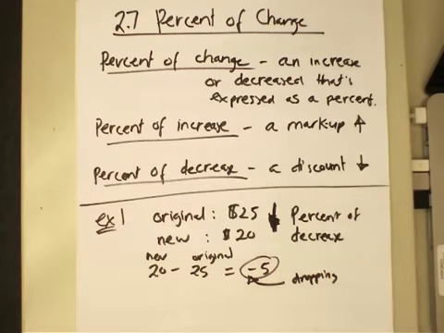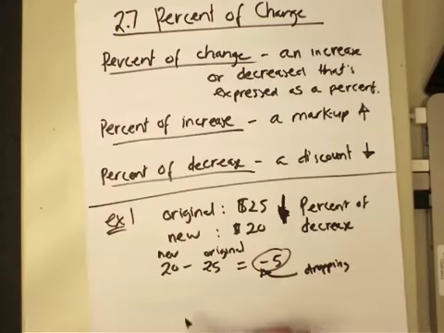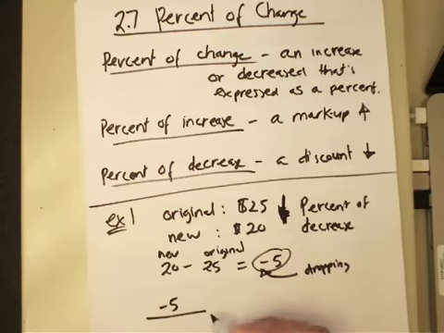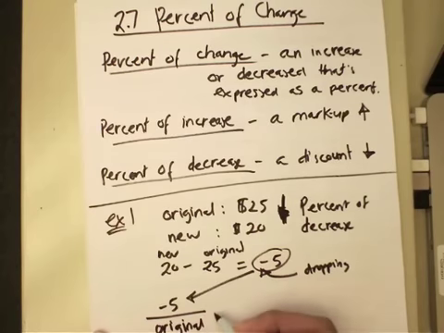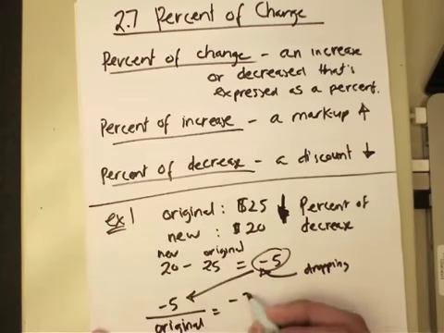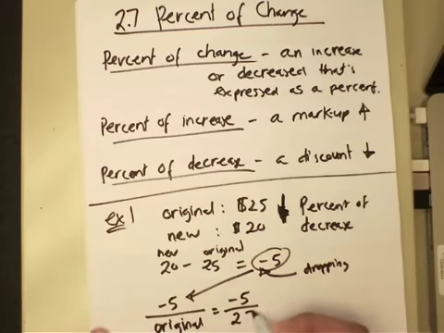So how do you find a percent based on what you just found, that it's dropping $5? Well, all you have to do is take the difference, new minus original, which is negative 5, and divide it. Here's an important piece: make sure that you divide it over your original price, not your new, over your original. So it's negative 5 over 25.